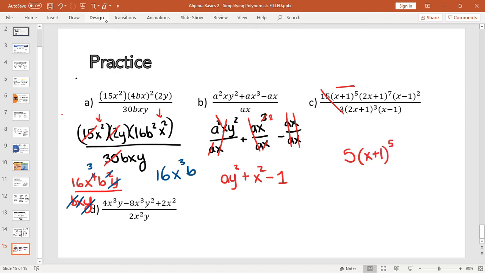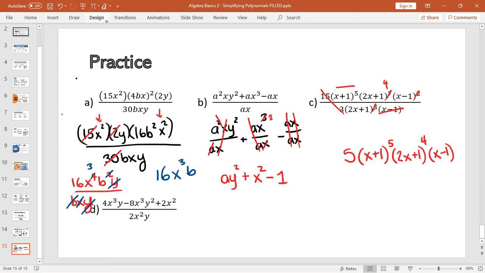And then I'm going to look at 2x plus 1. And it's different than x plus 1. You can check that. And I've got to the power of 7 over the power of 3. So 7 minus 3 is 4. And then my last thing I have is an x minus 1. And I've got 1 here, 2 there. So that's to the power of 1, or just plain old like that.